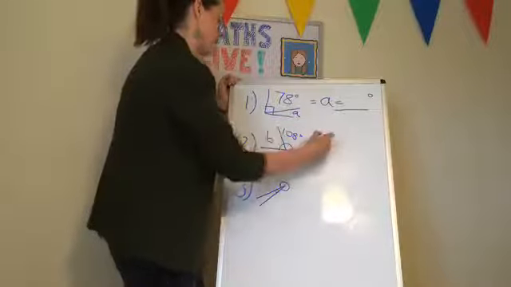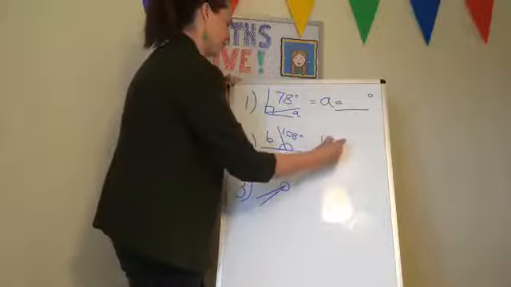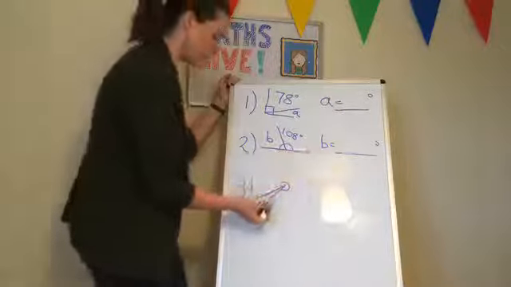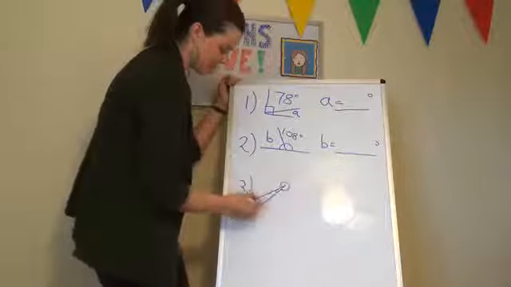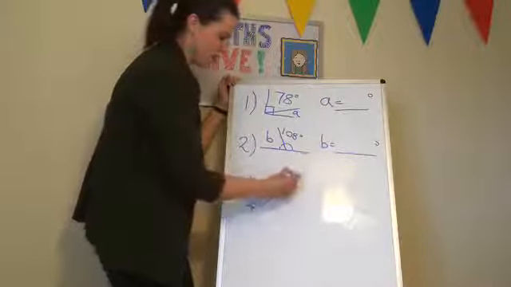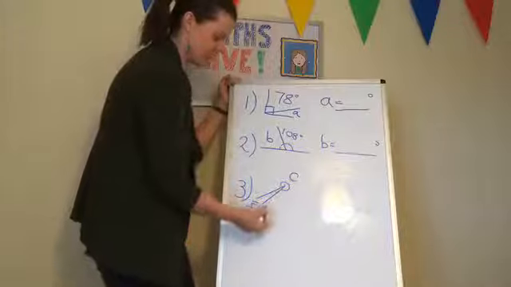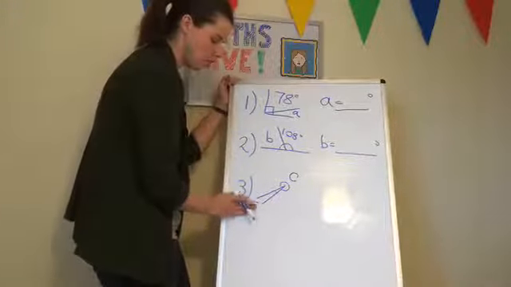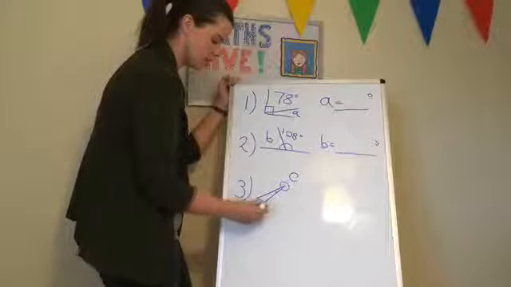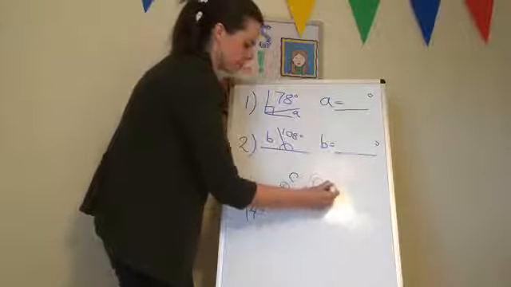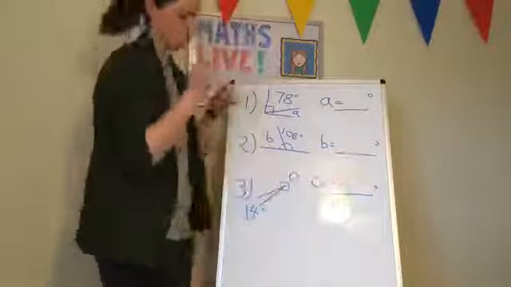What is B? And with this one, I'm going to say that this is 14 degrees here, and we need to know what C is. So this tiny bit here, this very, very small acute angle, is 14 degrees. And what is C? There we go. Off you go.